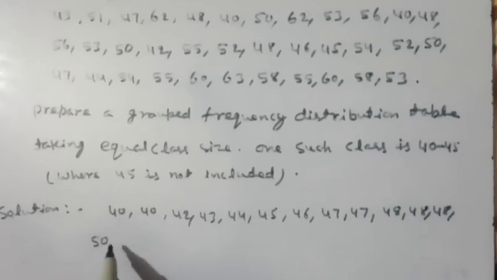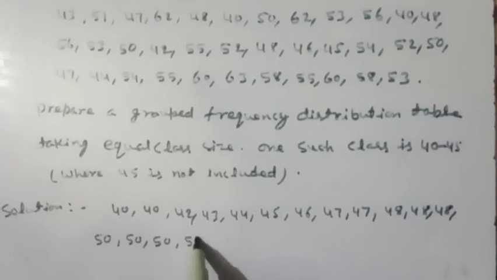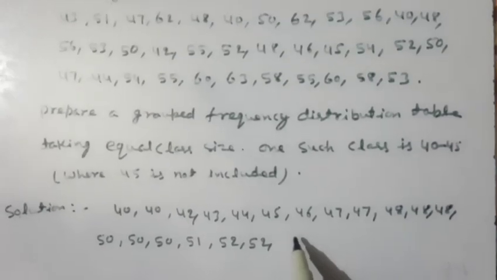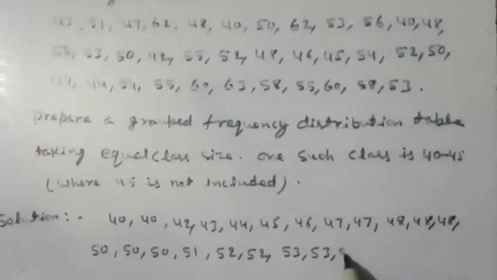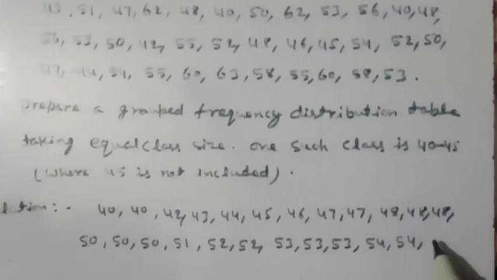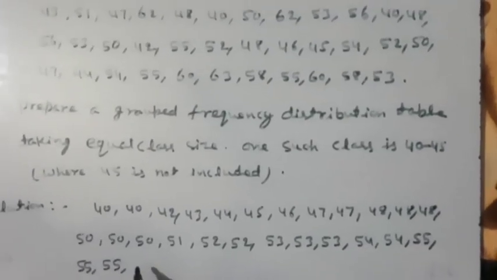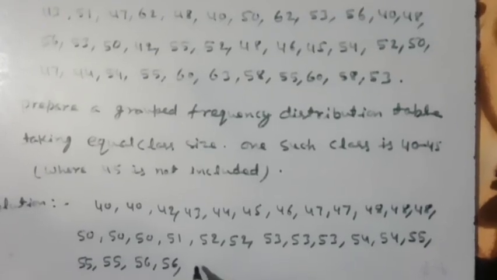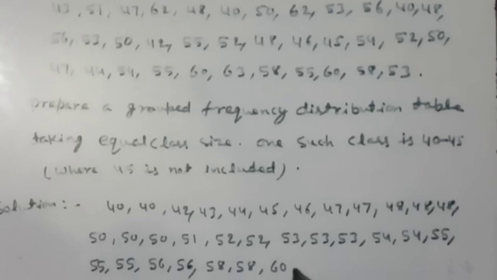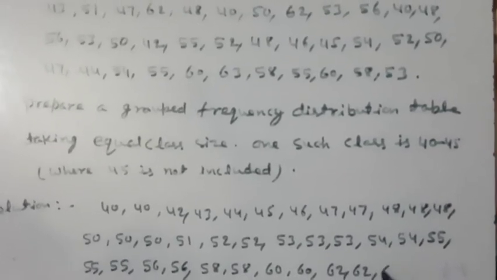After that 50 occurs three times, 51 occurs one time, 52 occurs two times, 53 occurs three times, 54 occurs two times, 55 occurs three times, 56 occurs two times, 58 occurs two times, 60 occurs two times, 62 occurs two times, and lastly 63 occurs one time.